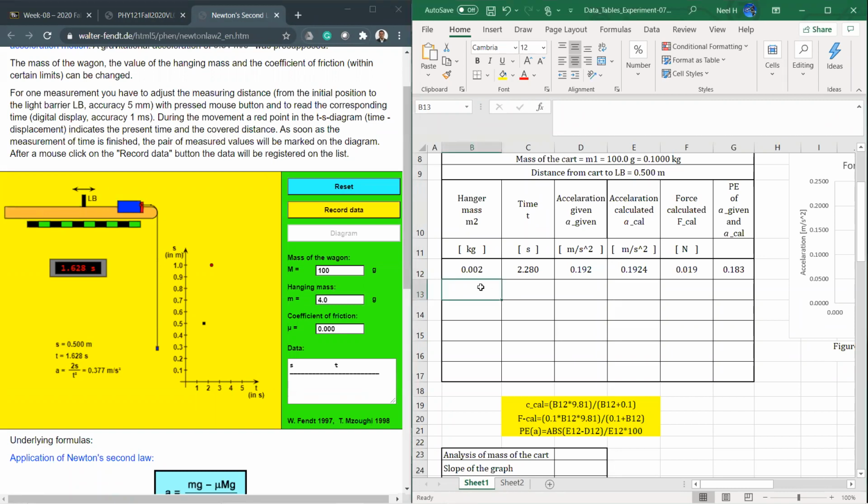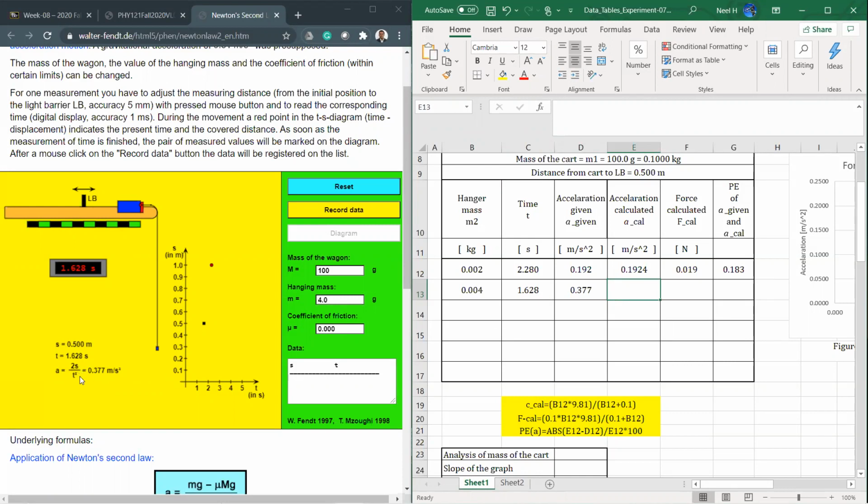After it finishes, put the hanger mass 0.004, time 1.628, and the acceleration 0.377 from the simulator.